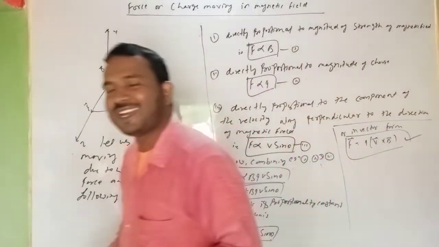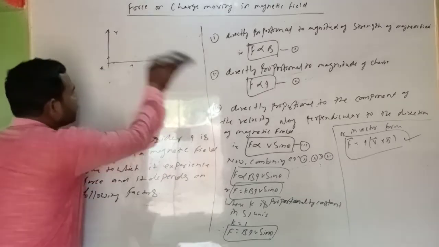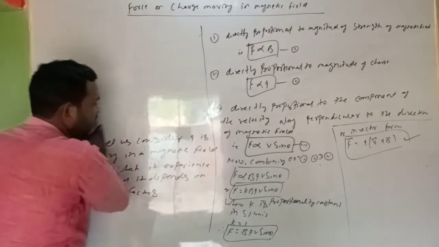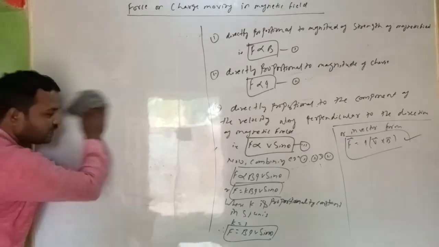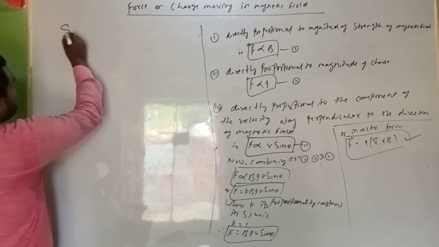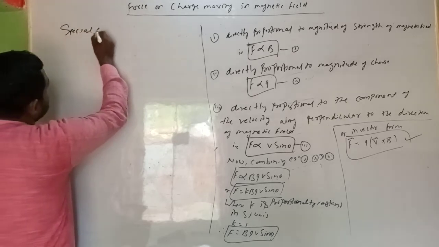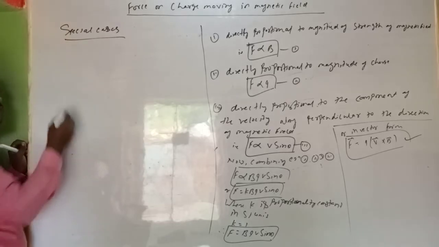Okay students, thank you. Now come to another topic related to this. I told you that we can find out special cases. How will you find out the special cases?